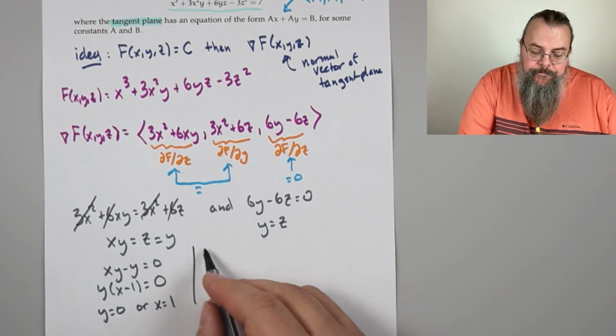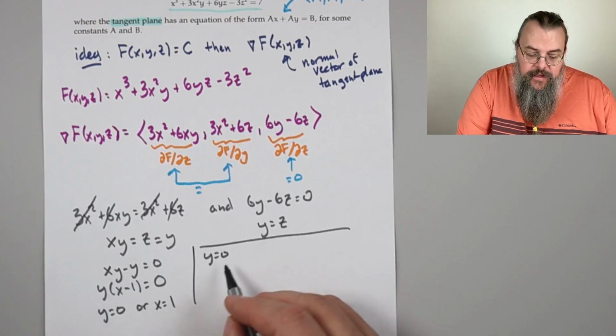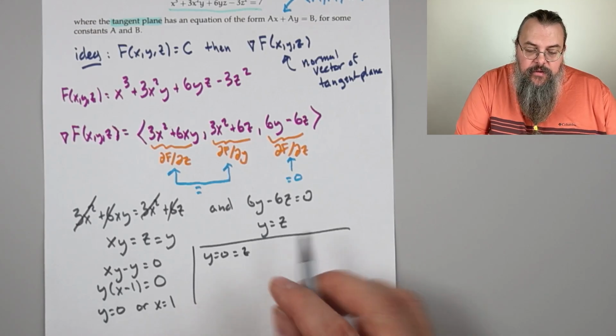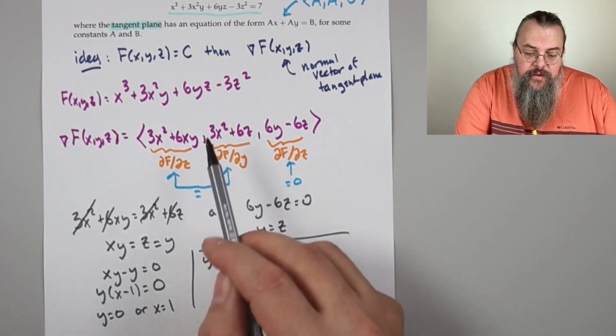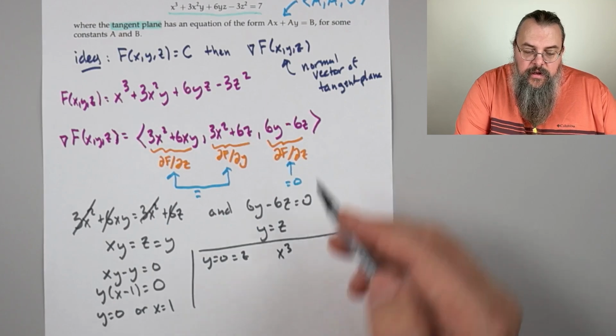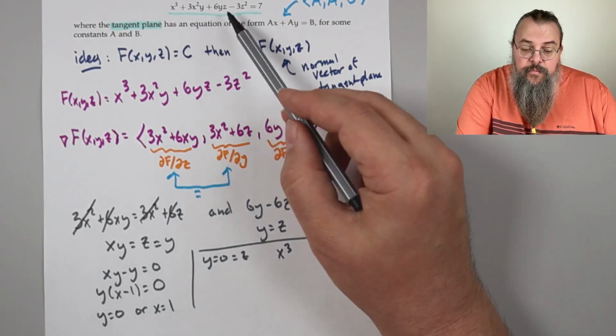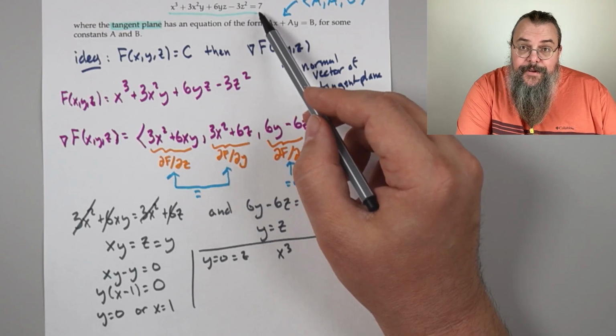Okay, if y is equal to 0, we know y equals z, so that says that z is also equal to 0. So we come up here, we say, all right, y and z are both 0. So we get x cubed plus 0 plus 0 minus 0 equals 7.